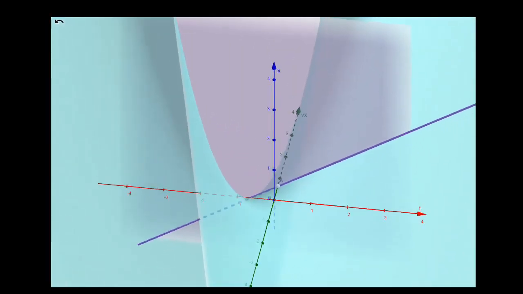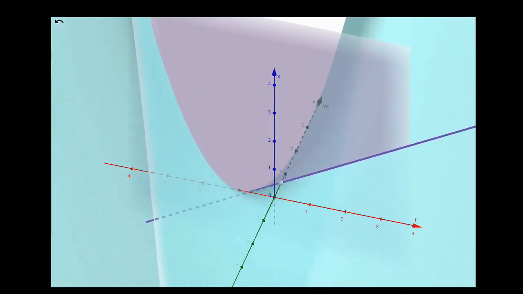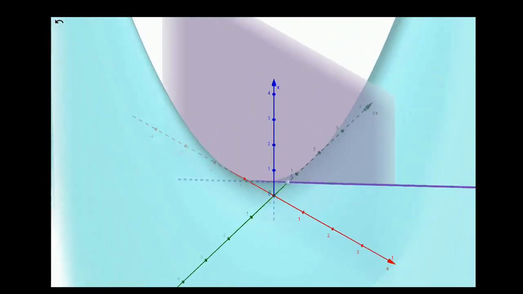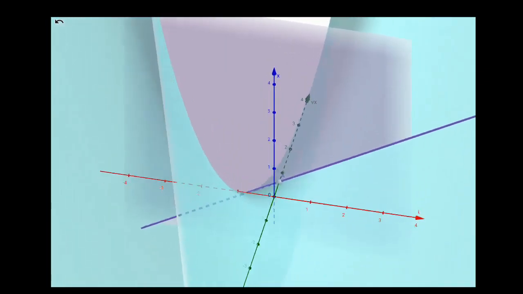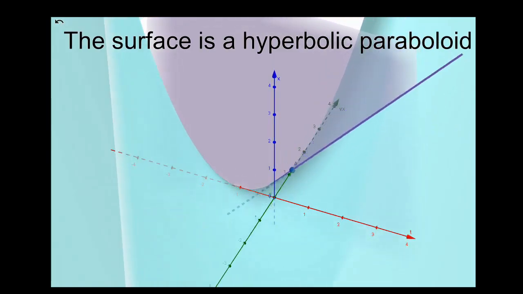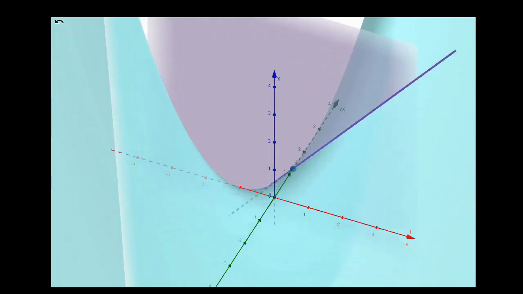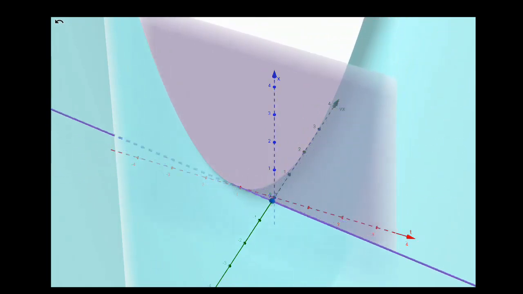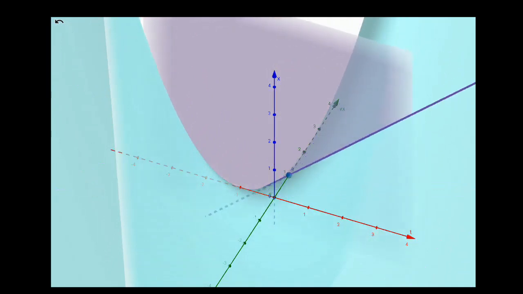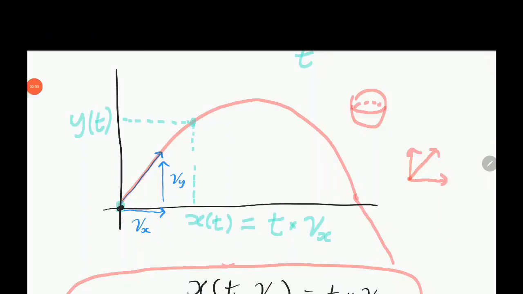And this all makes perfect sense, of course, because if we pick any particular fixed value for vx, then we have this equation that x is equal to t times vx, and those values are going to consist of this straight line, and they all should be within this surface, which is telling us how displacement is a function of velocity and time.